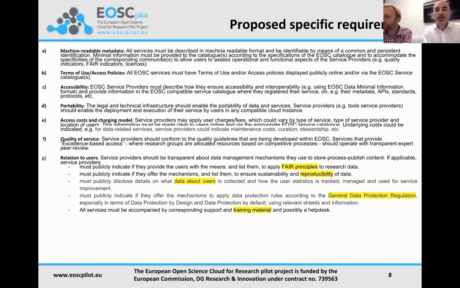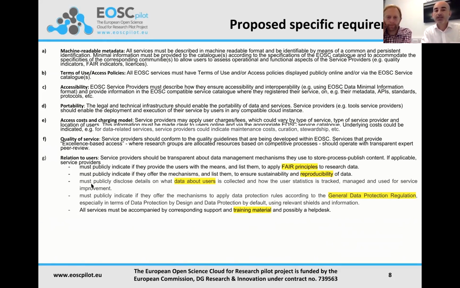If applicable, service providers must publicly indicate if they provide the users with the means to apply FAIR principles to research data. They must publicly indicate if they offer the mechanisms and list them to ensure sustainability and reproducibility of data.